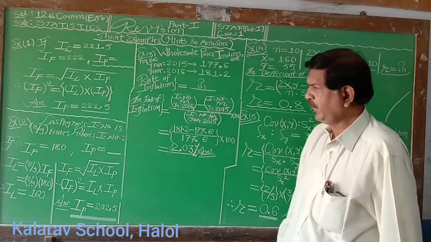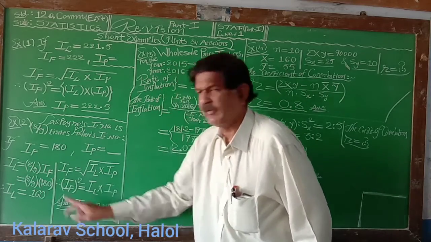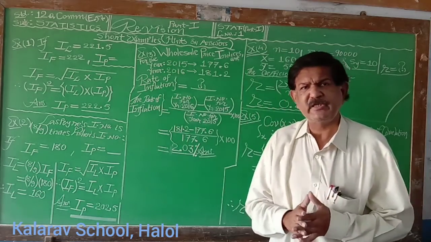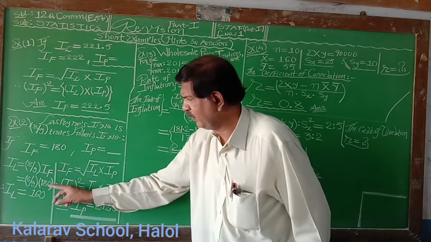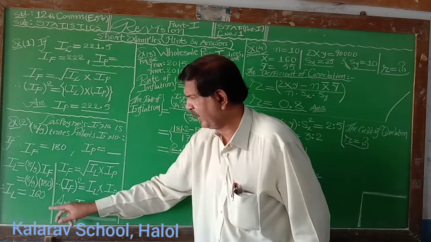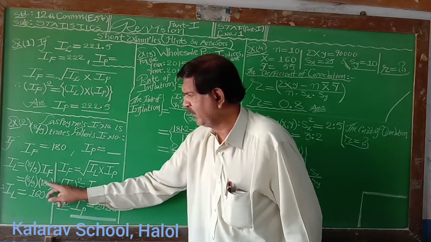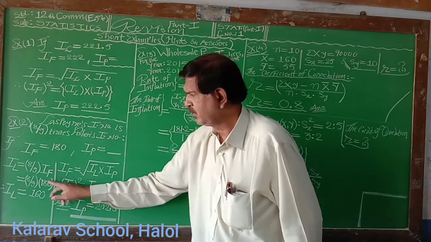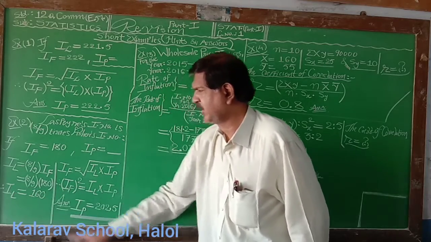IL equal to 8 by 9 times IF. Now IF means Fisher's index number is given to be 180, so substitute the value. 8 by 9 times 180. Right? 180 by 9, you will get 20 into 8, means IL, Laspeyres index number is 160.